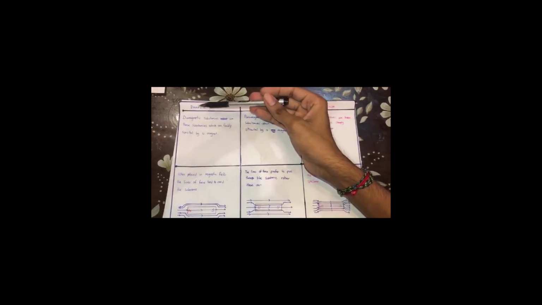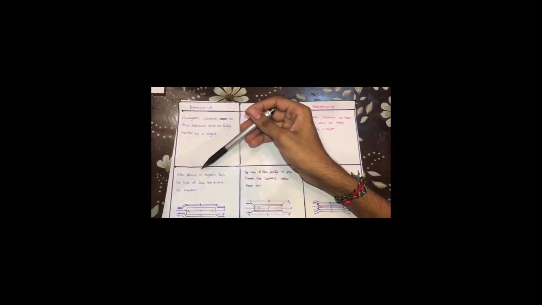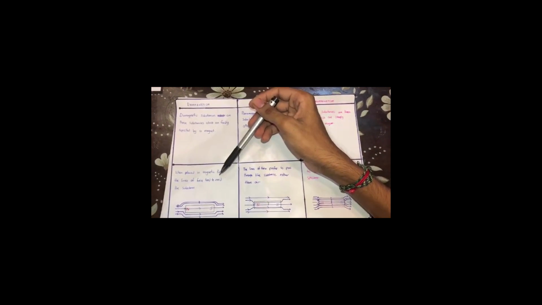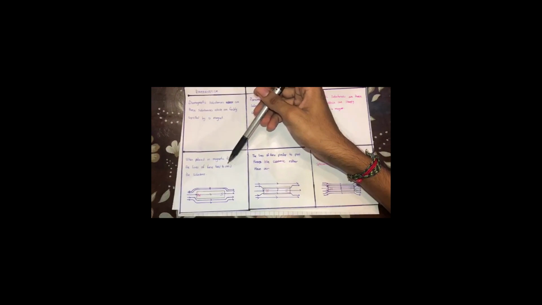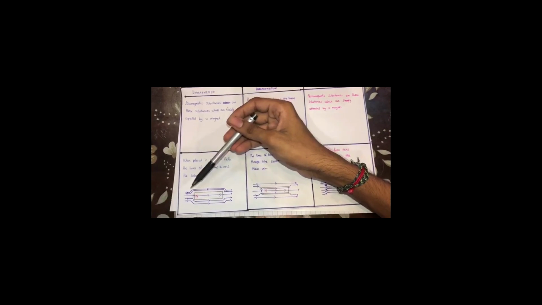When a diamagnetic substance is placed in a magnetic field, the lines of force tend to avoid the substance, as shown in this figure, where it is being slightly repelled by the magnet. Next, for paramagnetism, the lines of force prefer to pass through the substance rather than air, so it is slightly attracted, as we can see right here.